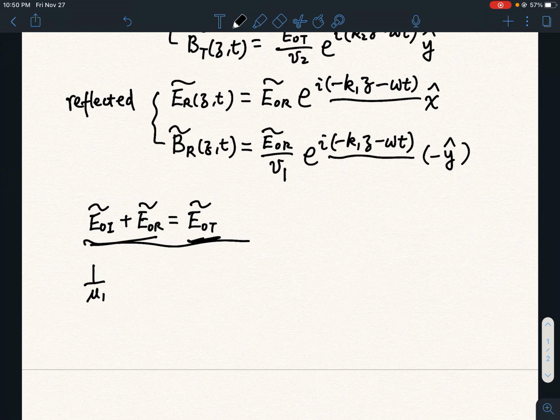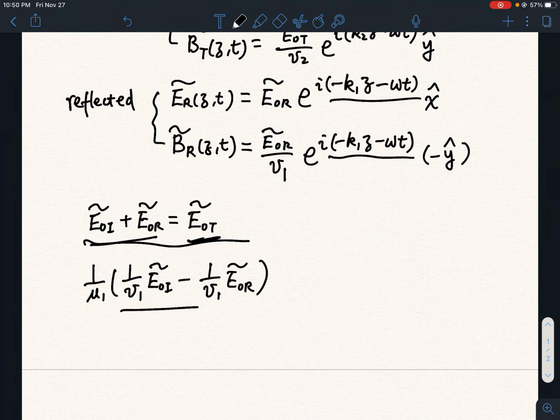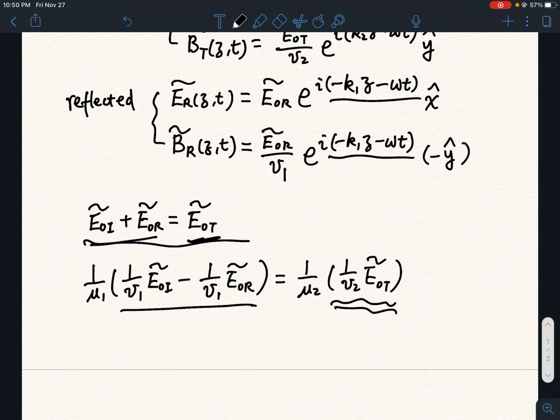And for the magnetic field, the B1 from the left side equals the B2 on the right side, so their relation is 1 over μ1 B1 equals 1 over μ2 B2.